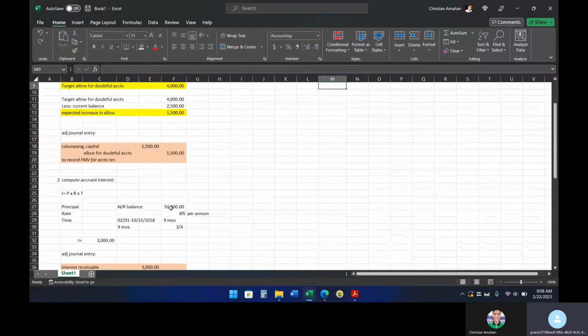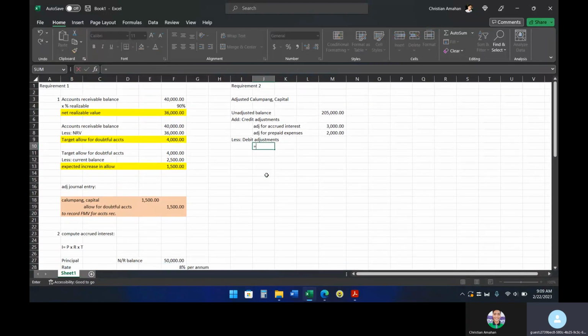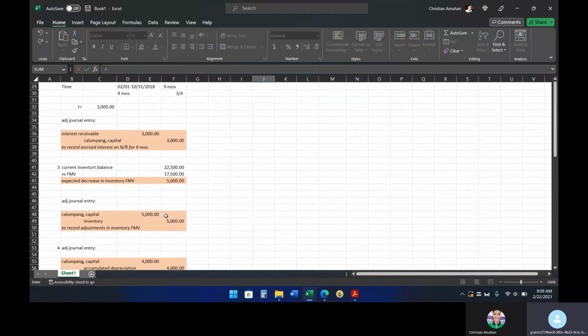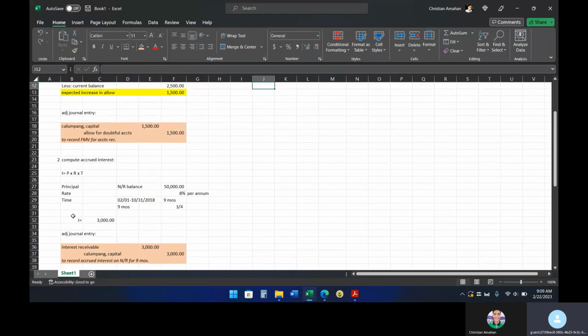Okay? And then we will also subtract the debit adjustments, meaning the deductions from the capital for the adjusted balance computation. The first debit adjustment is the fair market value of accounts receivable. The amount is of course 1,500. The next debit adjustment is adjustment number 3, for the inventory fair market value.